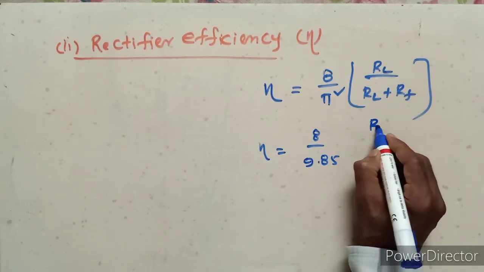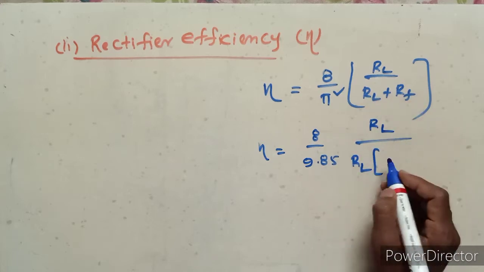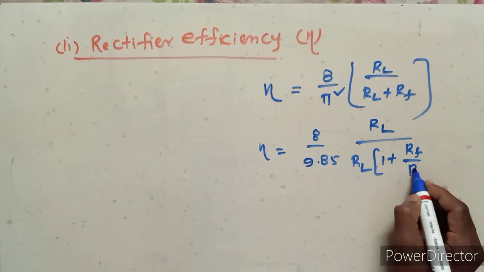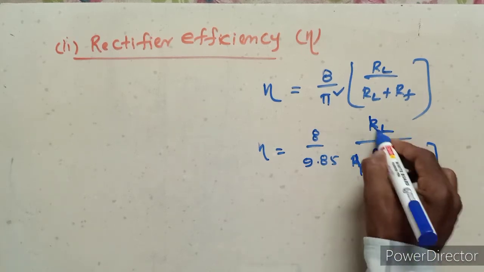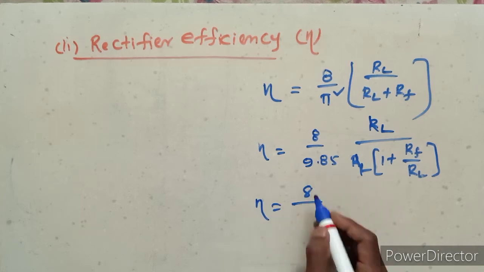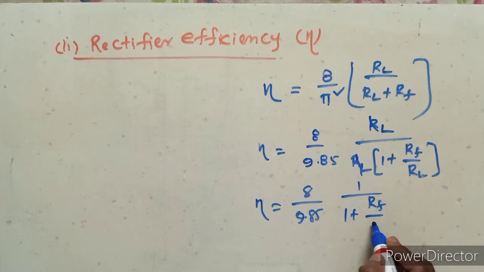This value RL upon RL plus RF, and here RL cancels. Eta equals 8 upon 9.85 into 1 upon 1 plus RF upon RL.